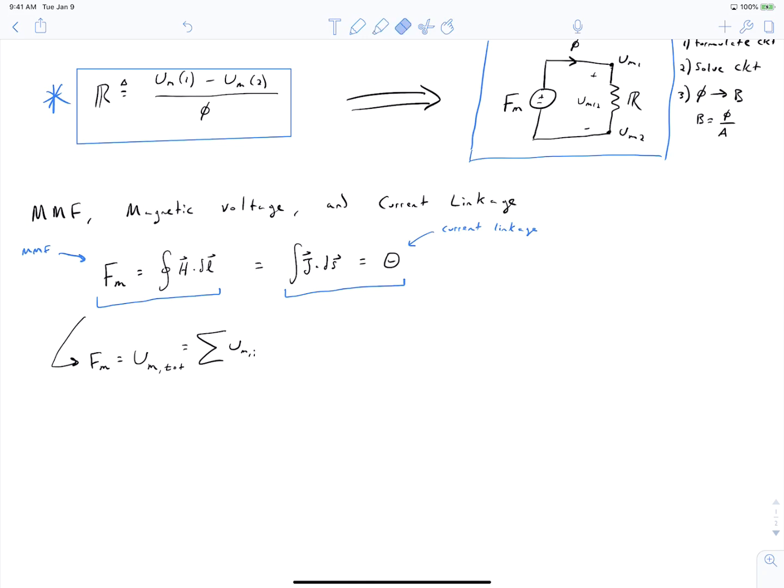Voltage, or electric potential difference, and EMF: EMF is equal to the sum of all your voltage potential drops around your circuit. And we're doing the exact same thing when we construct our magnetic circuit. We have an MMF instead of an EMF, and the MMF drives a flux through a closed loop. And so the sum of the magnetic voltages is equal to the MMF that's applied to this loop.